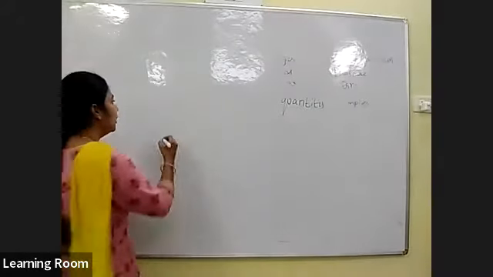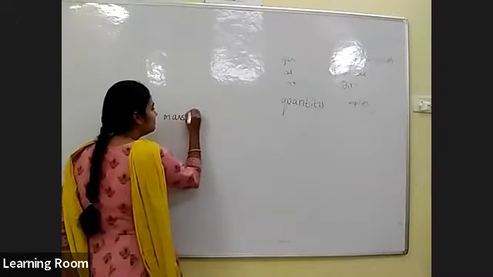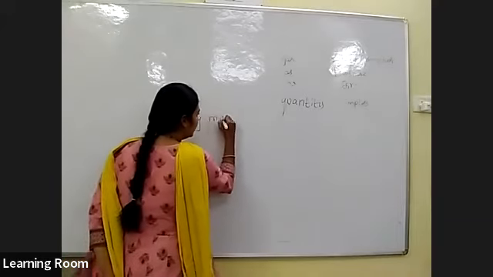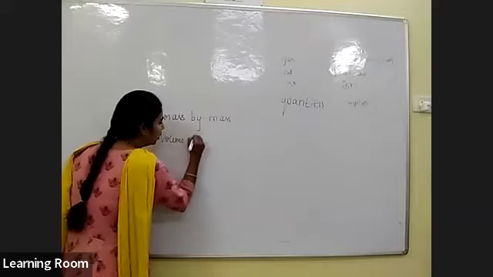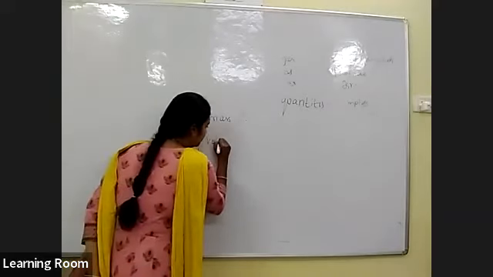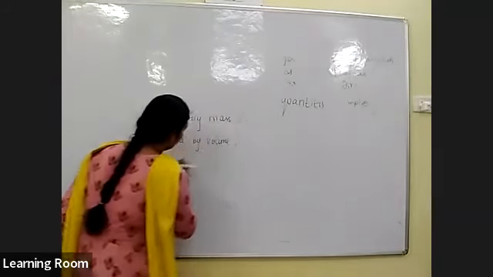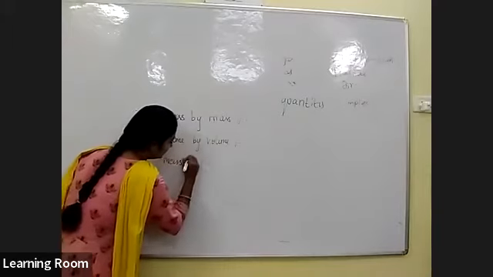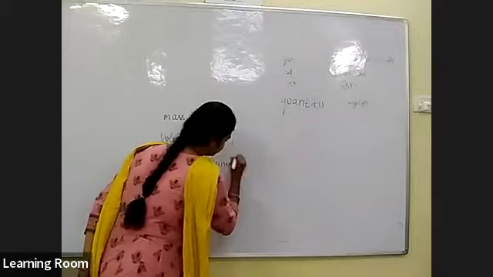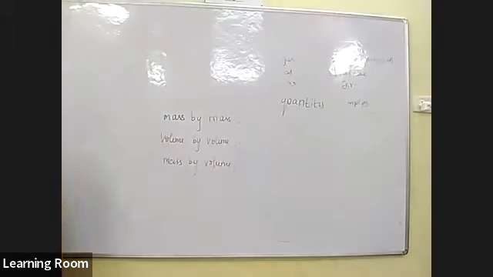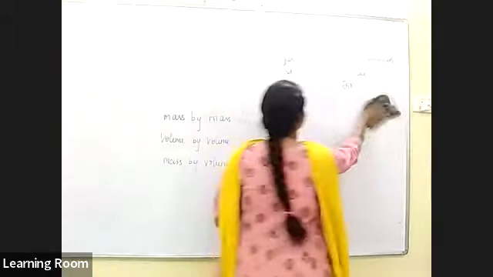First we are going to see mass by mass percentage. Second is volume by volume percentage. And third one is mass by volume percentage. So these are the first three things we are going to discuss here.